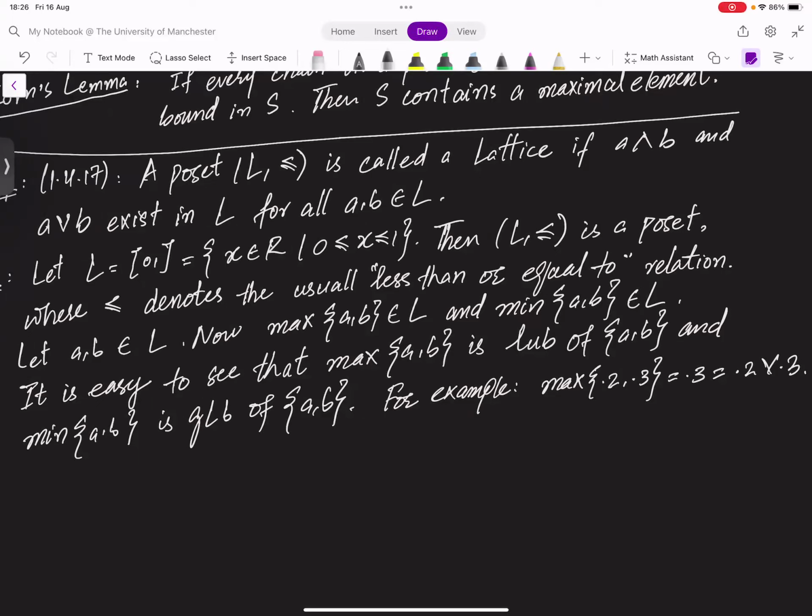And similarly, the minimum of 0.2, 0.3 is 0.2, which is the greatest lower bound of 0.2, 0.3. Hence, this is a lattice.